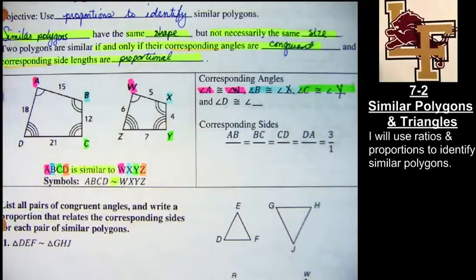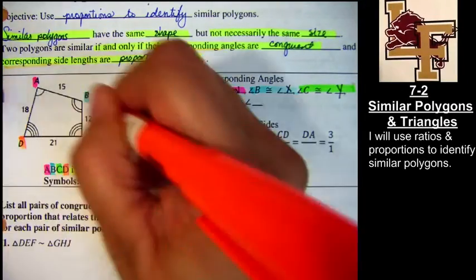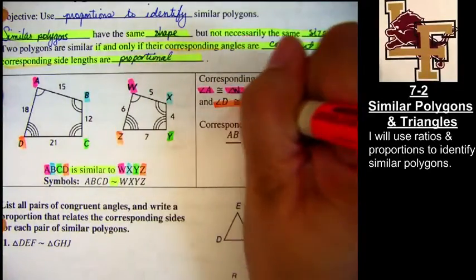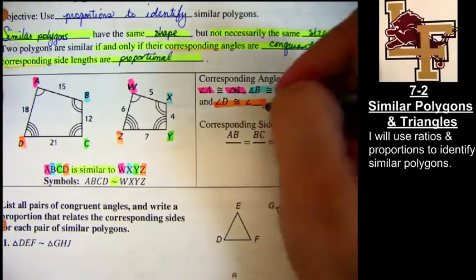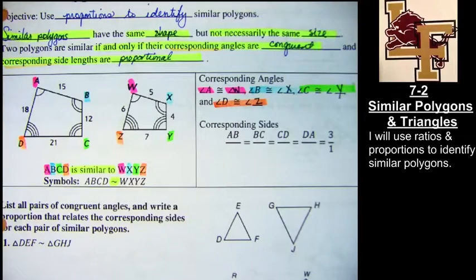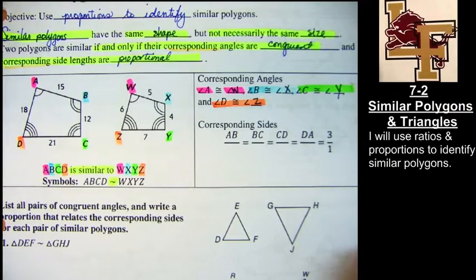D and Z are the last corners left. They have to be corresponding. Okay? Not too confusing? All right.